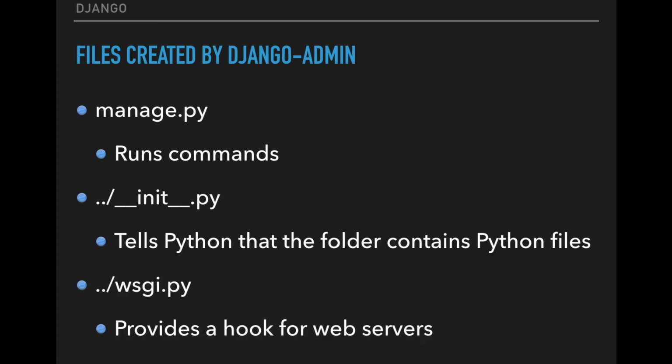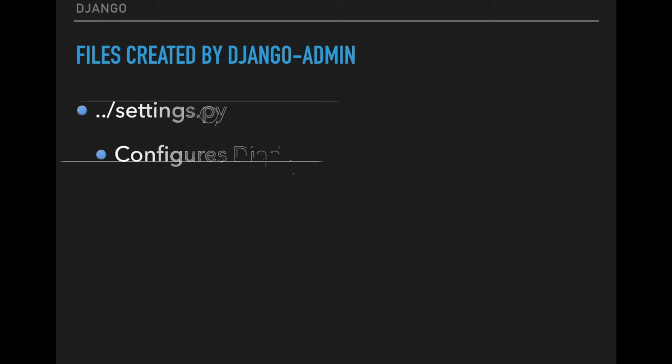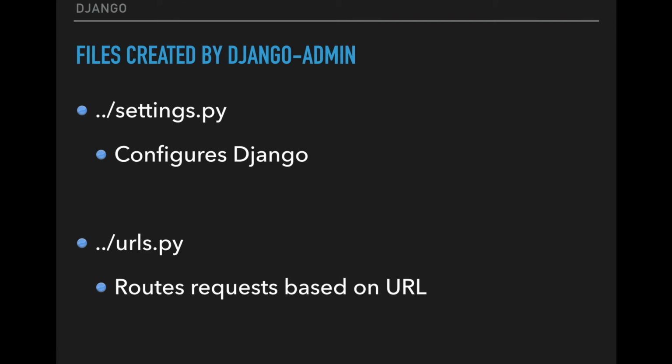Then we have the WSGI file that provides a hook for web servers such as Apache or Nginx. And then there is the settings file that configures Django. The urls file routes requests based on the URLs.